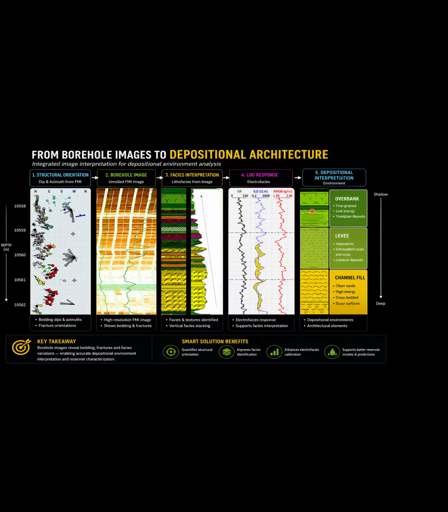And then we start having facies association as well. Based on what we have interpreted from the image, we can make the depositional story. So then we have a channel, and then we have a finer cycle for a levee, and then we have the finest cycle, for example, for the overbank and so on.